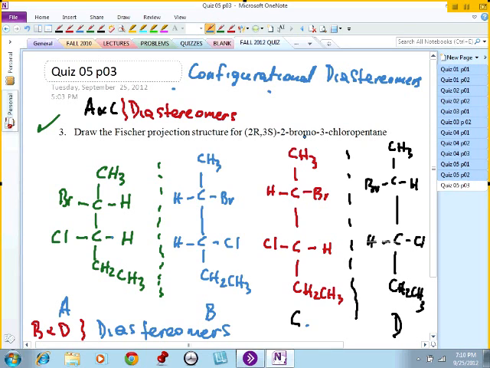For you to call diastereomers configurational diastereomers, there must be at least 2 chirality centers. There are some other examples in which you have diastereomers, but they are not configurational diastereomers. We'll show you that before we leave today. Okay, is that clear?